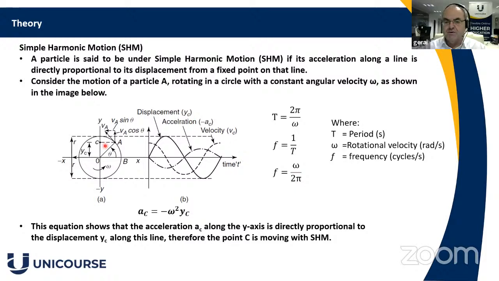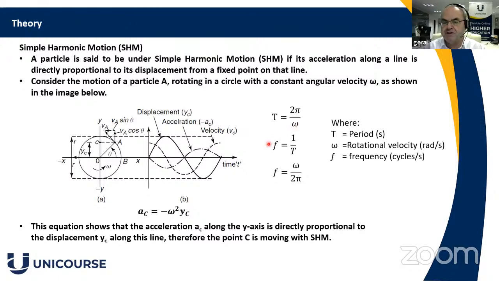So the first thing that we want to look at is the period. Now the period time of any cycle is the time that it takes to complete one cycle, so one revolution, if you like, of particle A. And simply the period time T is 2 pi over omega. That's fairly straightforward, isn't it?